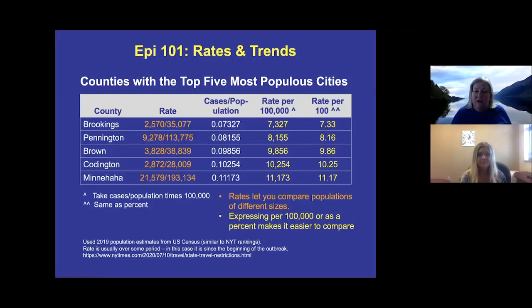So in Brookings County, 7% of the population has had COVID compared to 11% in Minnehaha. Or you could say 7,000 out of 100,000. So it's just a way of adjusting for the population differences, and then having one number that you can look at when you're comparing it to other populations.